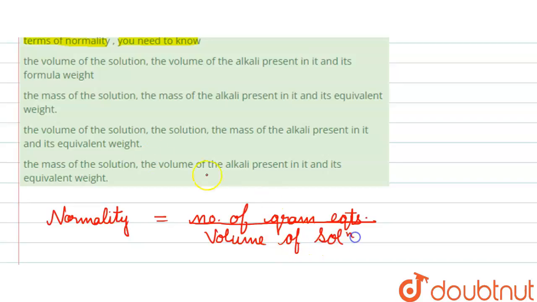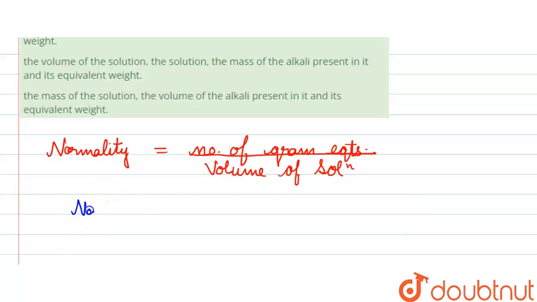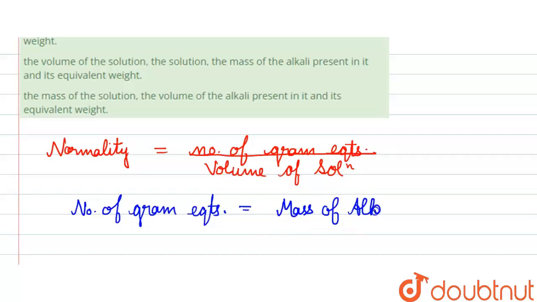So this is the formula of the normality, and in this formula the number of gram equivalents is equal to mass or weight of the solute, or here, since we are given alkali, mass of alkali divided by the equivalent mass of the solute or the alkali. So here we need the equivalent mass of alkali.